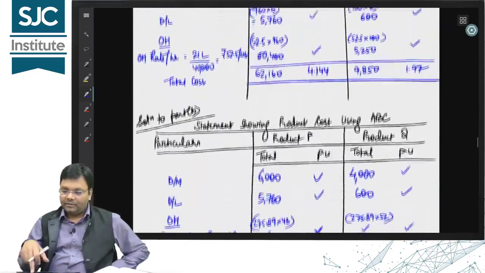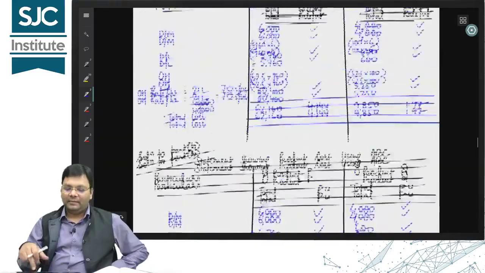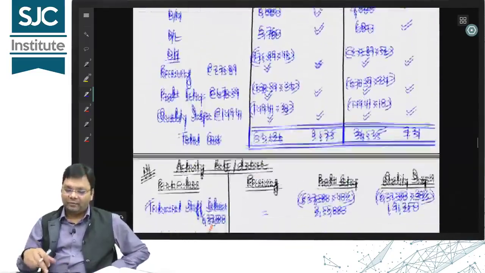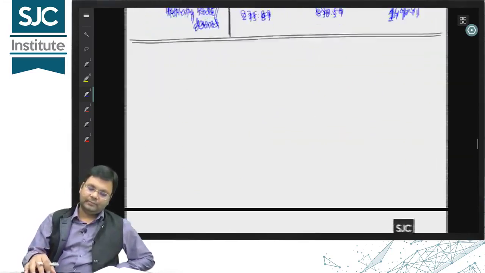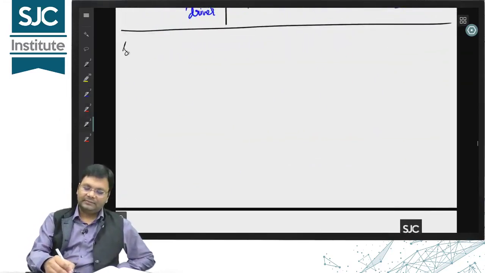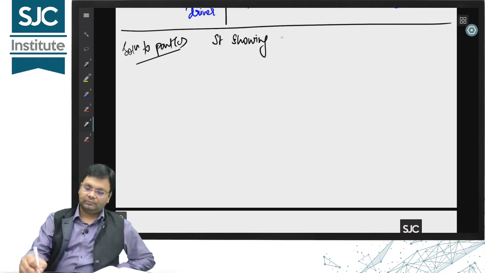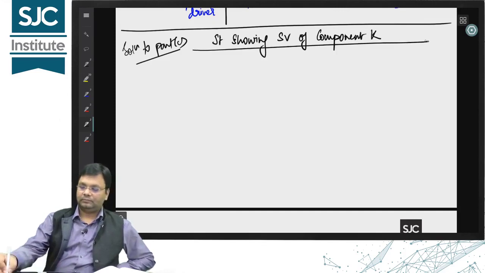Okay, so here we have done part A and B. Now there is part C where we are going to calculate the sales value of component K. Statement showing sales value of component K using ABC.